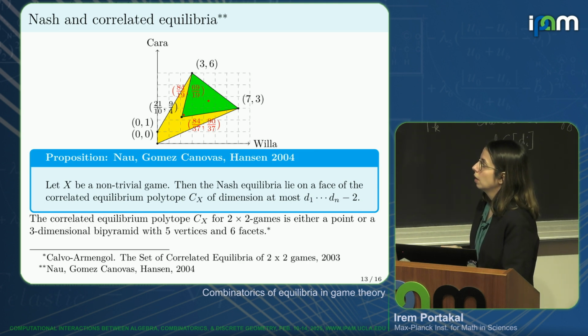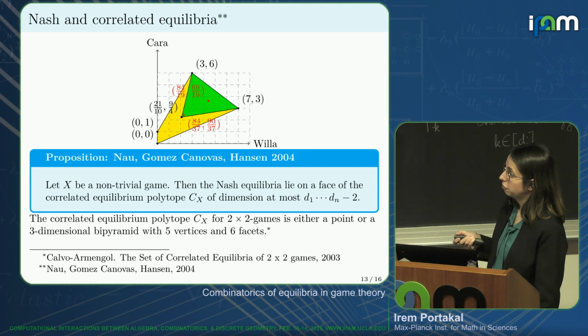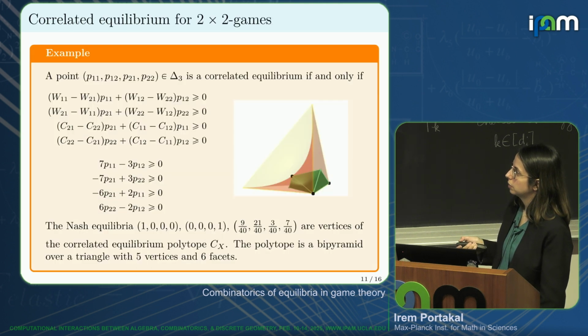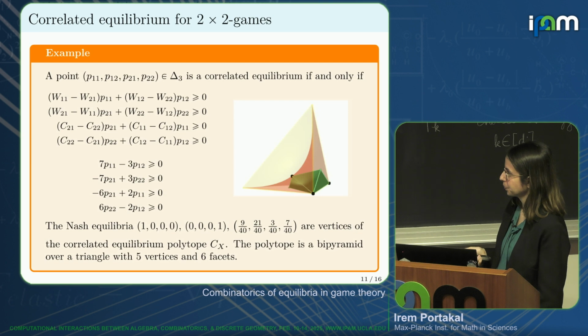Then this proposition says that Nash equilibria lie on a face of the correlated equilibrium polytope of dimension at most d1 times dn minus 2. This polytope lives in a d1 times dn minus 1 dimensional ambient space.